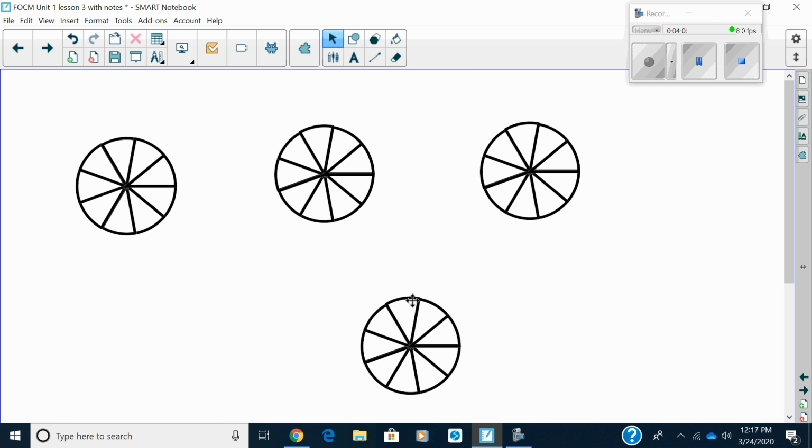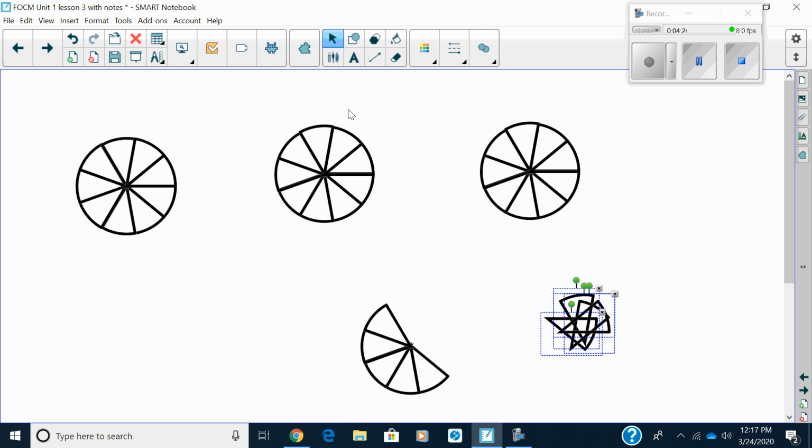Now here's a 4th pie with 9 slices, but hey, it doesn't say that we have 9 slices. It says that we only have 5 slices. 1, 2, 3, 4, 5. Get rid of that one. So when we add these together, we have 9, and 9 is 18, and 9 is 27.